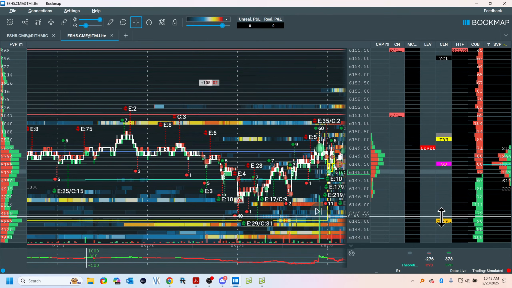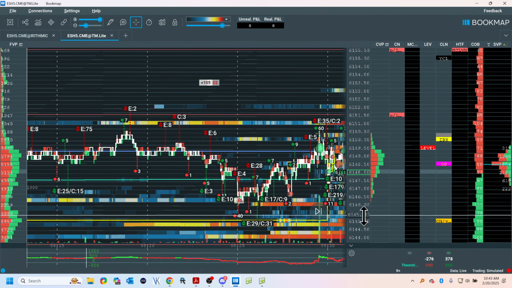We have over a 90% probability of taking out either the ETH high or low. We have an 85% probability of taking out the previous high or low. We have an 83% probability of getting to the overnight volume point of control, which sets me up.